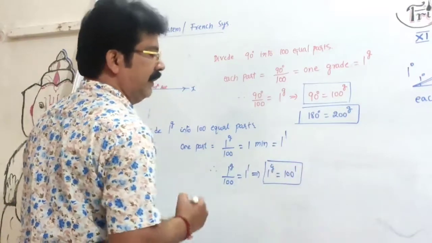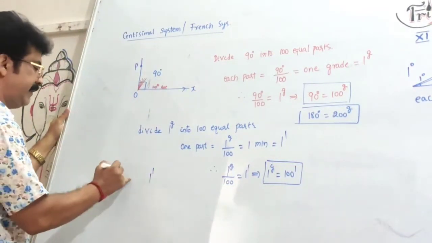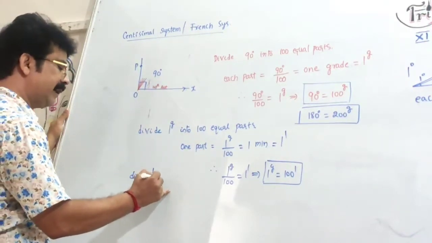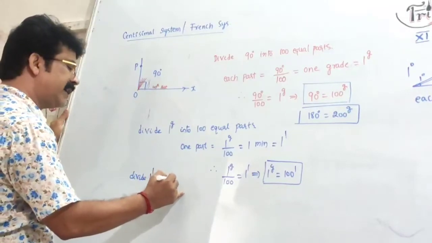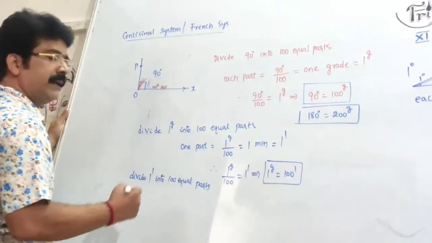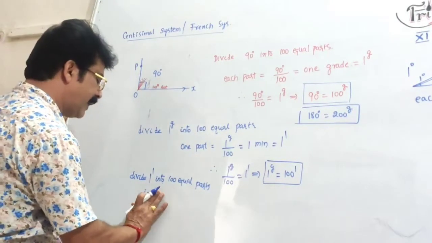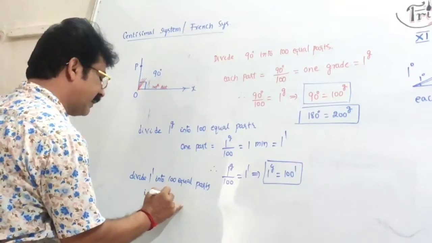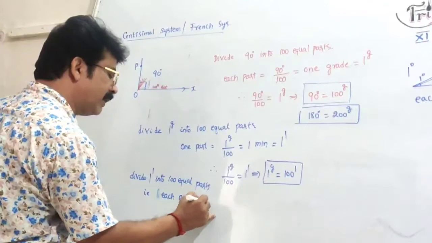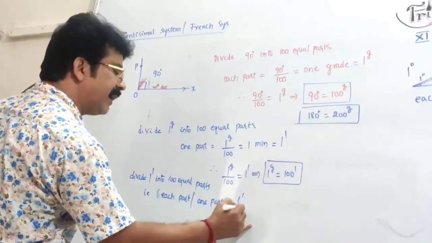Next, similarly, take 1 minute and divide it into 100 equal parts. Each part equals 1 minute by 100.